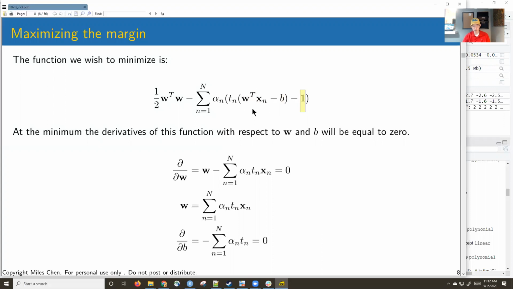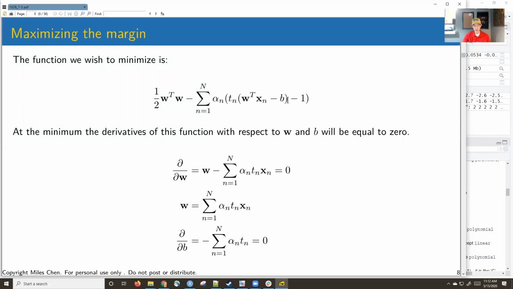If I take the derivative of that with respect to W, I get the summation of alpha n t n x n. So if I say at the minimum this derivative is equal to 0, then this relationship will also be true: W is going to equal the sum of alpha n t n x n. That's what we're going to have at the optimum.